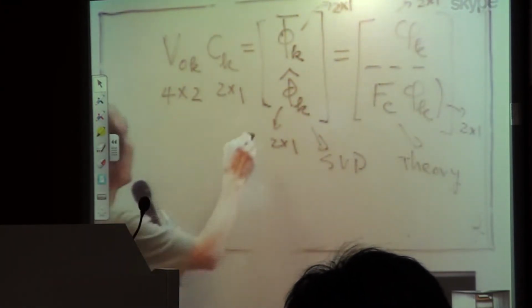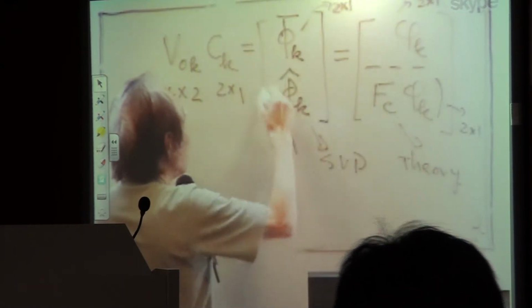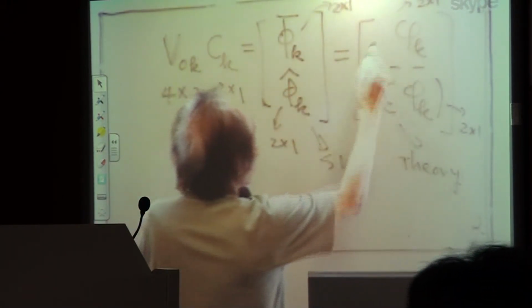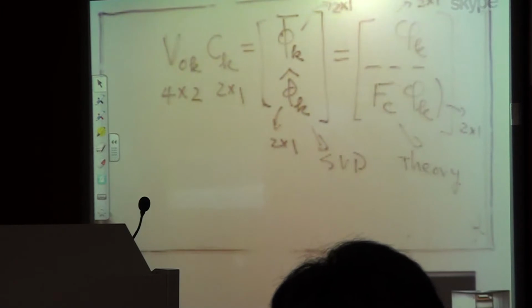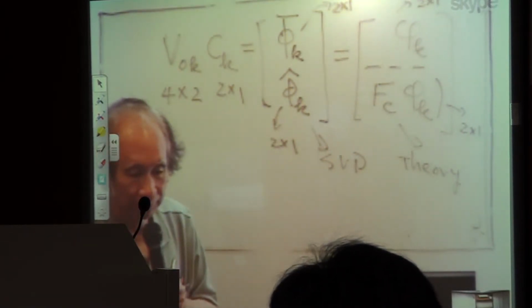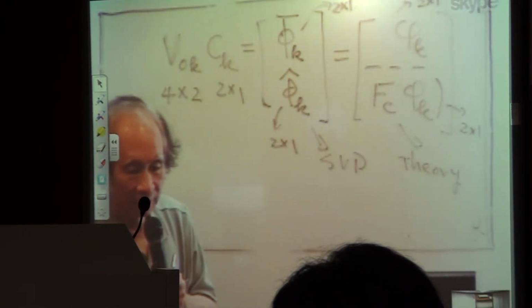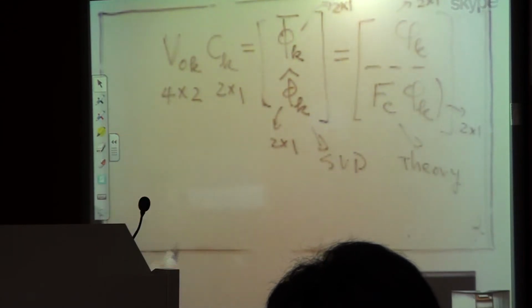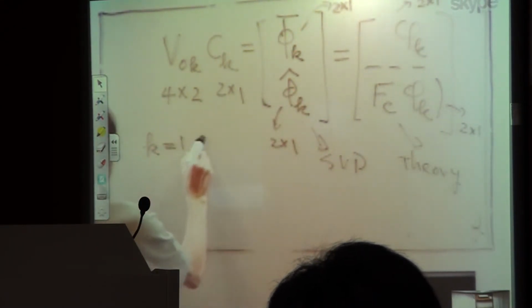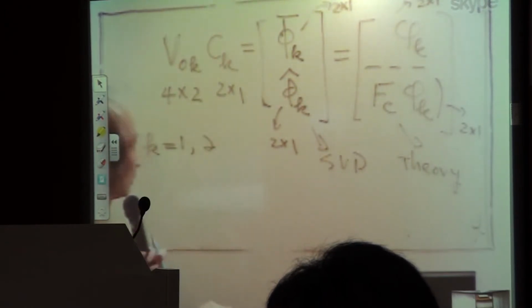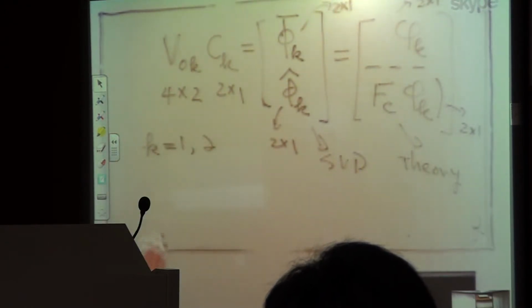So we have one piece from SVD and that piece from theory, from your key equations. Again, for this case, K equals 1 and 2. For the 2 by 2 case, that K is only 1 by 2, by 4 by 2 and 2 by 1. That's your homework case. Now I'm trying to solve the homework for you.